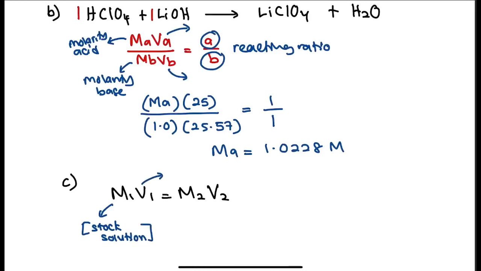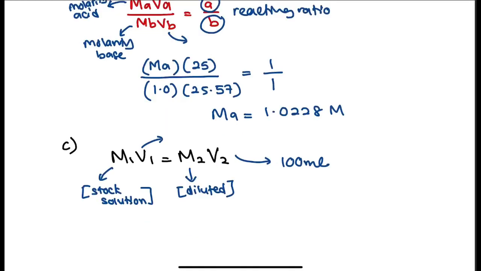V1 would be its initial volume. M2 is the concentration of the diluted acid solution. And V2 is the volume of the volumetric flask, which in this question is 100 ml.